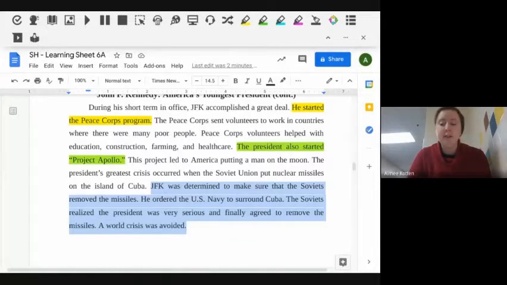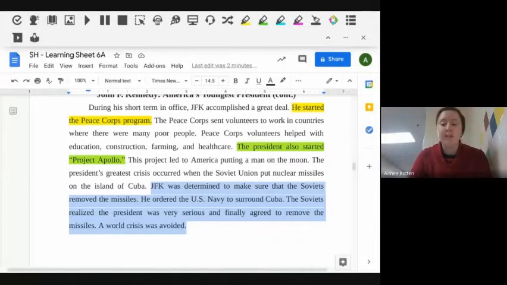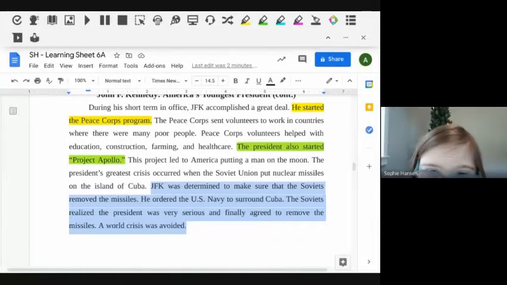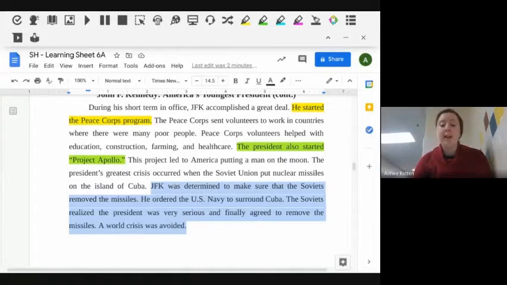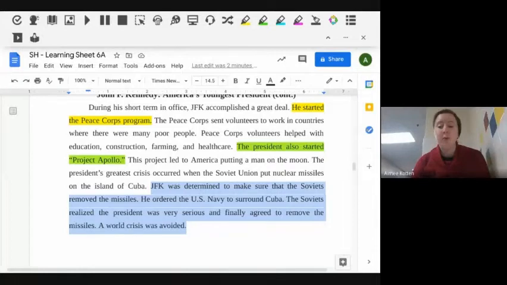So how would we sum up that detail? I know what color we're going to use. What color are we going to use? Let's do pink. Okay, so what are we going to highlight, Sophie? We're going to highlight it pink. I know, but what words are we going to highlight? All of it. Not all of it.